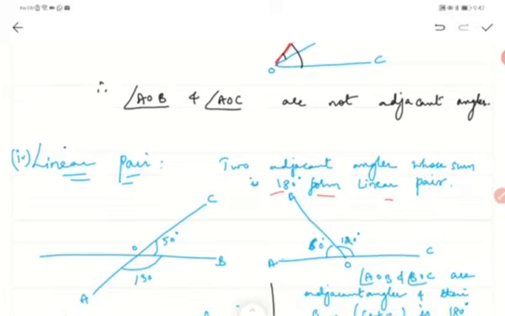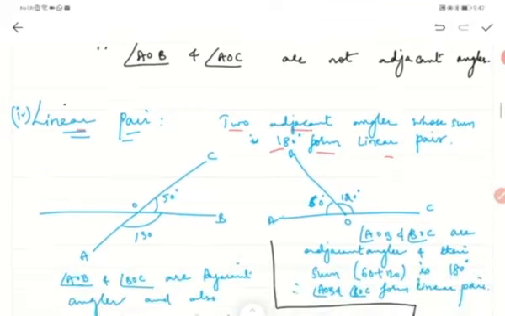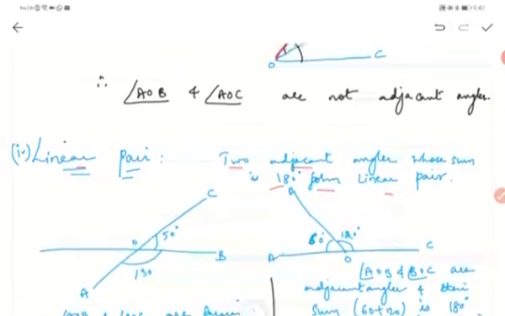Okay, see, the sum of two angles, if it is 180 degrees, it is called supplementary angles. If the angles are two adjacent angles, and if their sum is 180 degrees, we call them a linear pair. Just note the difference. We are saying here for linear pair, two adjacent angles. Okay, so we have an example here.